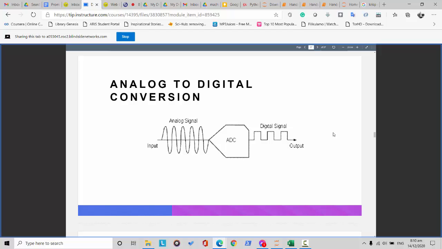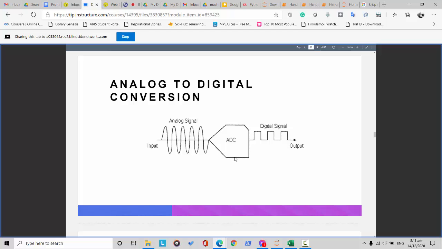Now, to convert a signal from continuous time to discrete time, what do we need? Again, let's review. We need sampling, but before sampling, we need to filter, to remove the distortions coming from the analog signal.